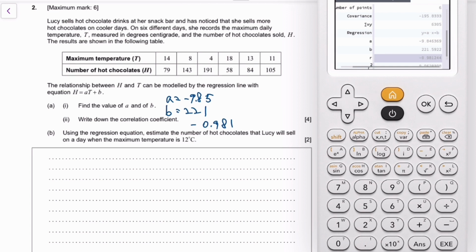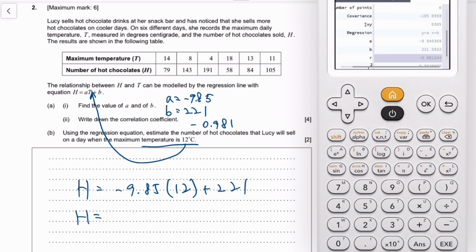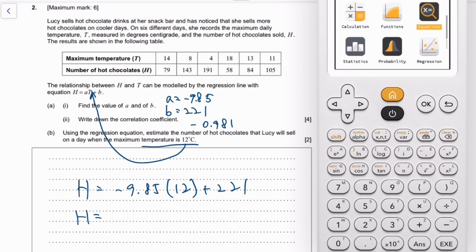Use the regression line to predict when the temperature is 12, so you simply plug 12 into the regression line. So a is negative 9.85, 12 for T, plus 221. Okay? So you use your regression line to predict.